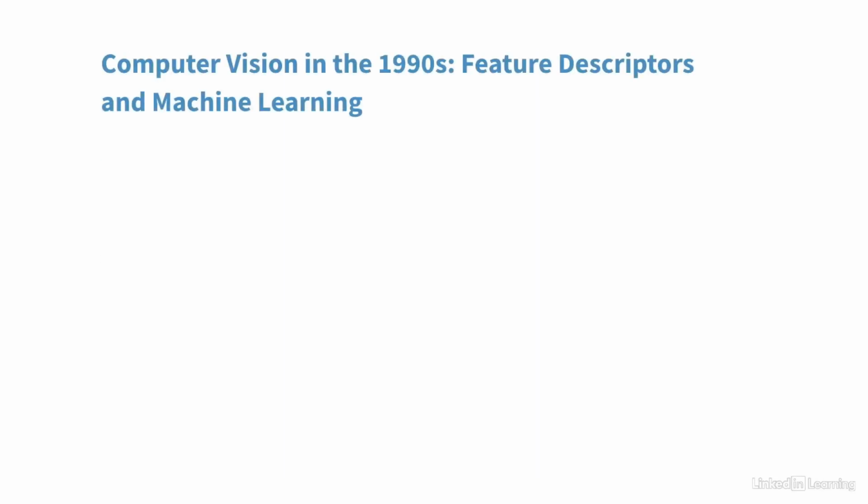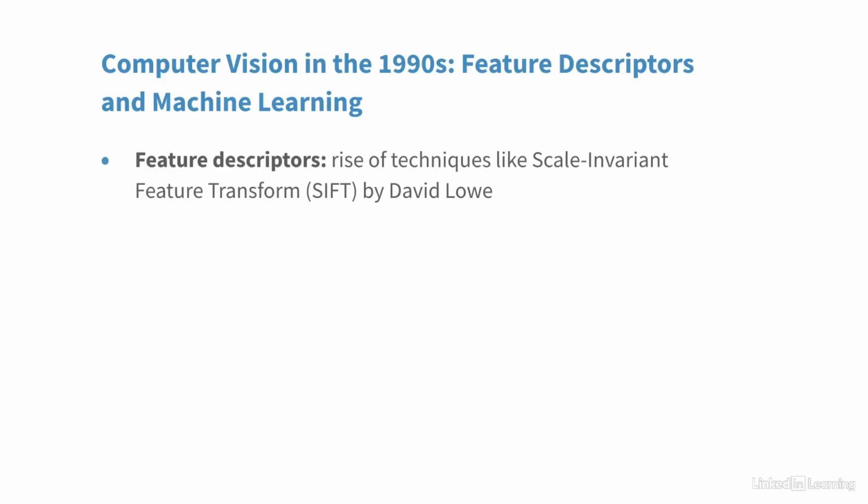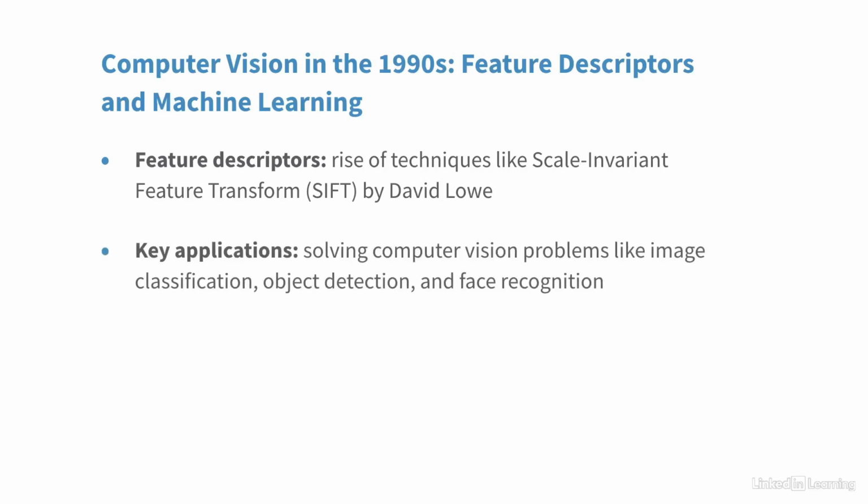The 1990s saw the rise of feature descriptors, such as the scale invariant feature transform, also known as SIFT, by David Lowe. These were the primary techniques used to solve various computer vision problems, ranging from image classification to object detection and facial recognition.